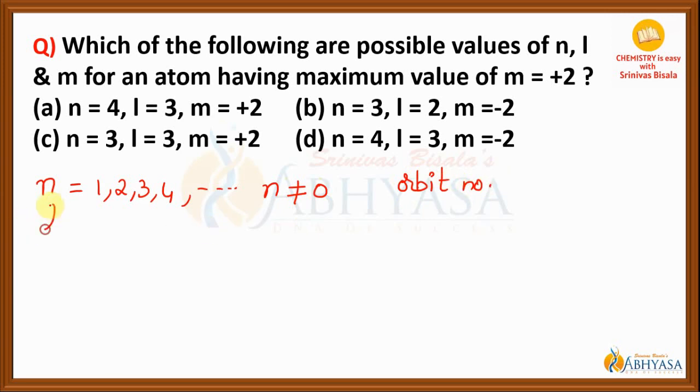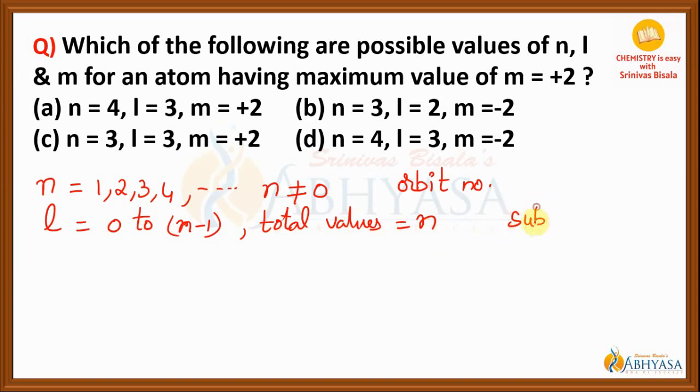Then the azimuthal quantum number l values range from 0 to n minus 1 and the total values will be equal to n. The number of l values in an orbit is equal to n, and the l value indicates the sublevel to which the electron belongs.